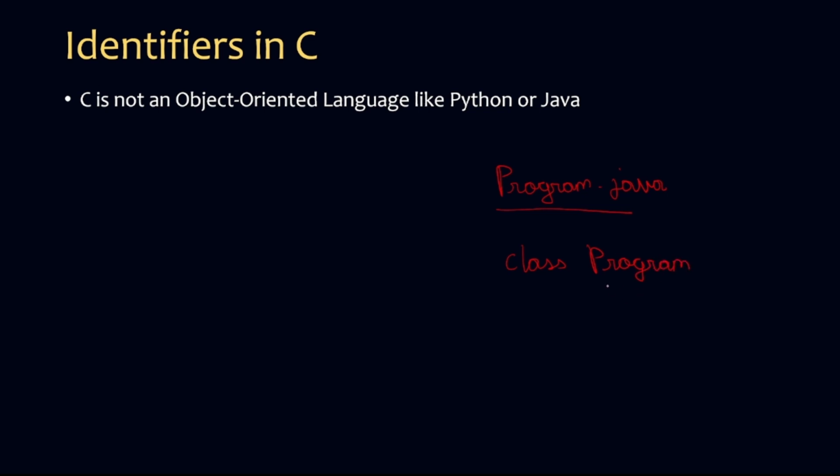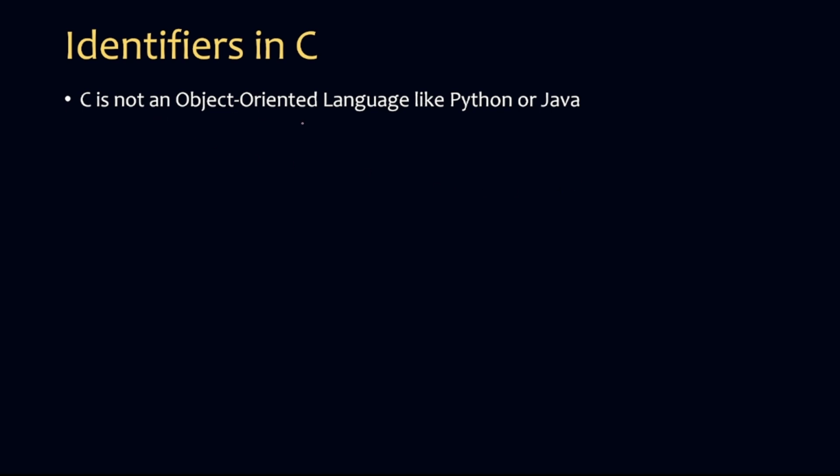And inside this, we'll find various different methods. One of them being public static void main, String args. Okay, the main function is found inside a class called program. That's not the case in C. In C, the main function is just a function that's in your entry file.